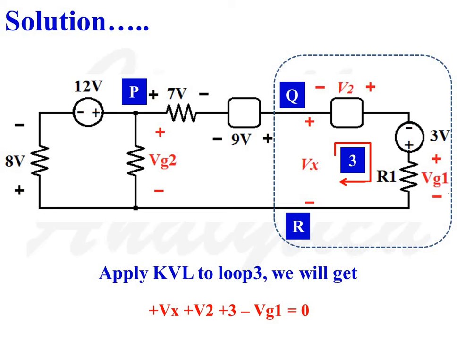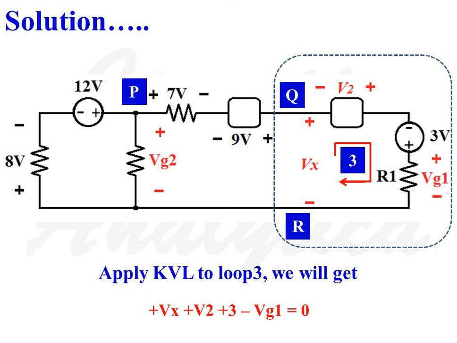In the clockwise direction, when we consider Vx, as we move from negative potential to positive potential, the term Vx should be taken as positive. When we consider the voltage term V2, in the clockwise direction, as we move from negative potential to positive potential, V2 is also taken as positive.